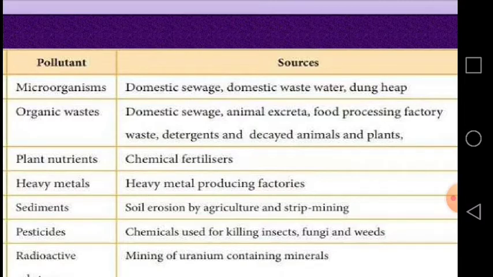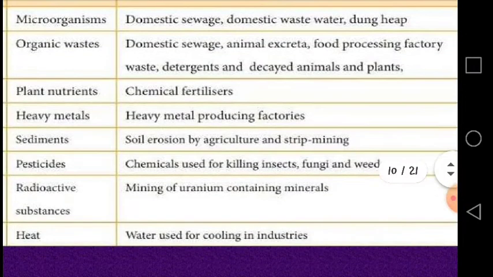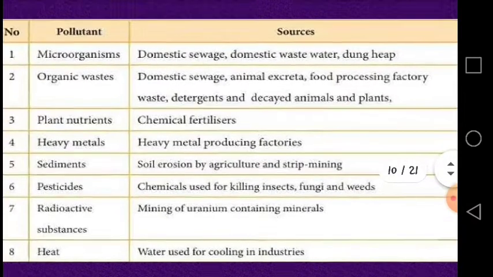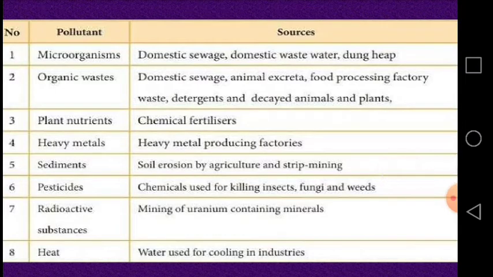Pesticides: chemicals used for killing insects, fungi, and weeds. Radioactive substances: mining of uranium, coal, and minerals. Heat: water used for cooling in industries. So these are the major pollutants, and I have also discussed the sources of these pollutants.